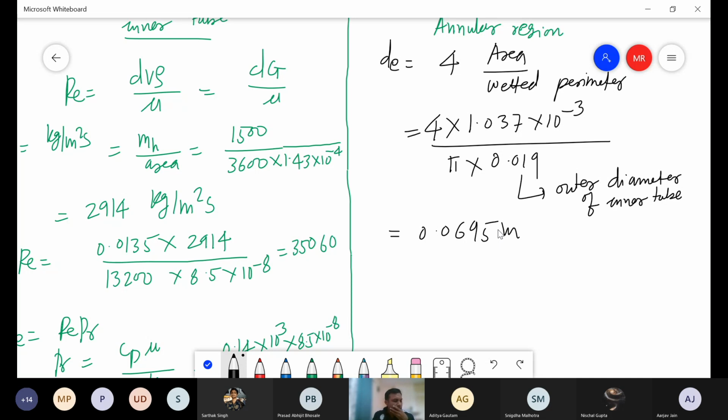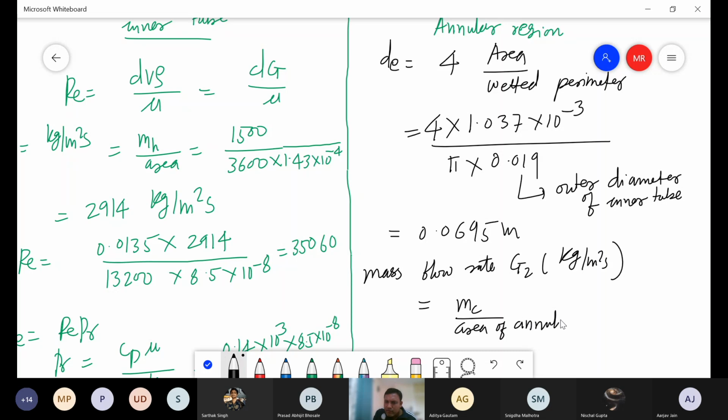Are you all getting the same? Yes, sir. Now mass flow rate. What will be the mass flow rate? Mass flow rate G2, let's say, in kg per meter square second. So that will be MC divided by the area of the annular region. Isn't it?